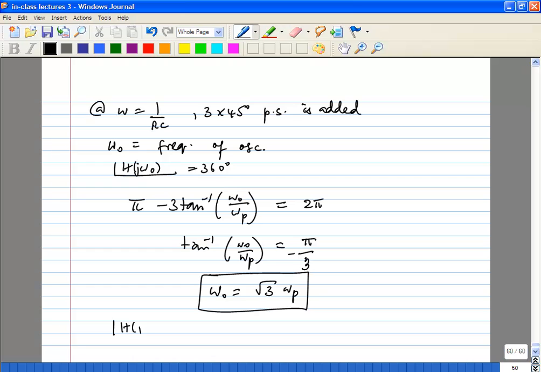And you have the second condition, the magnitude equal to 1. That's your second condition. Now mod of the denominator of each stage is root of 1 plus (omega naught over omega p) the whole squared, and then whole cubed of that.